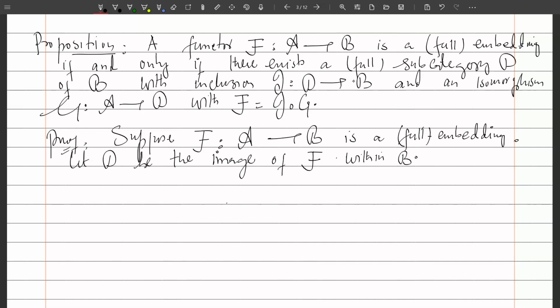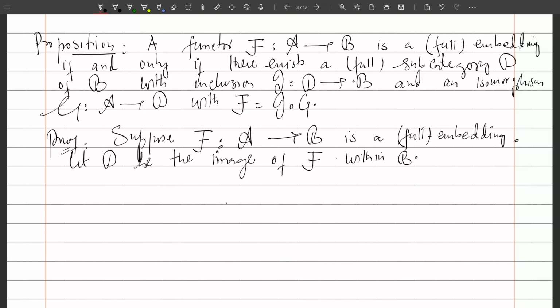In the last lecture, we saw that the image of a functor need not be a subcategory. But when F is an embedding, then the image is always a subcategory. So that means this D is a subcategory in B. Now, when D is a subcategory in B, we have the associated inclusion functor.